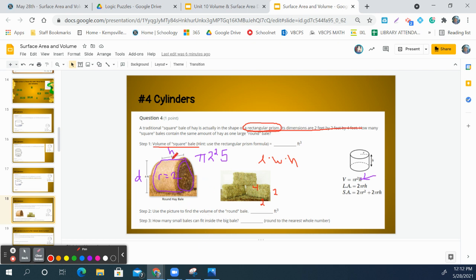So if you know the big one, the purple one, and you know the small one, the red one, you can divide them to figure out how many of the small ones fit in the big one. So big divided by small gives you the answer number 3. So big divided by small, or cylinder divided by rectangle.